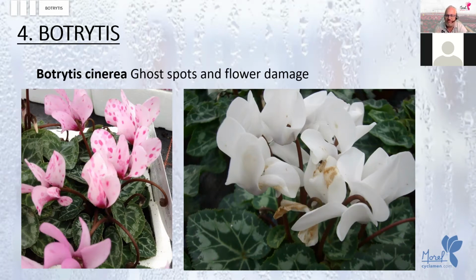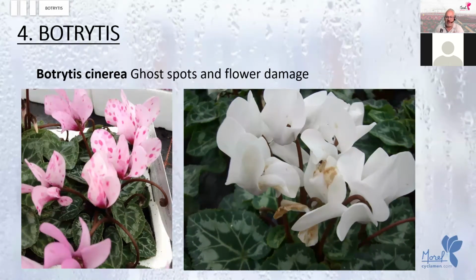Although these spots can, in the eyes of a consumer, sometimes look very pretty. Once the flower has been affected by botrytis, the shelf life of the flower gets shorter dramatically. So the pleasure that the consumer will have from these plants will be shortened. Sometimes these spots on the flowers are not visible, as on these light colors here.